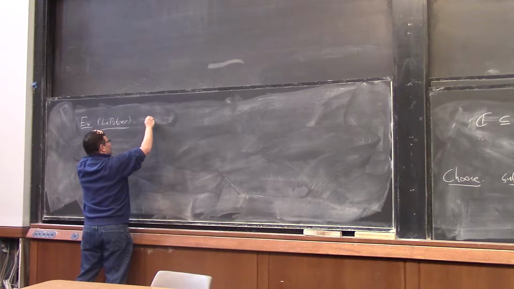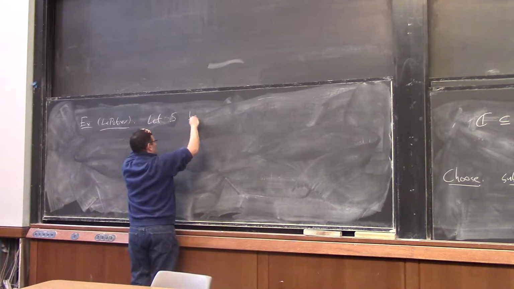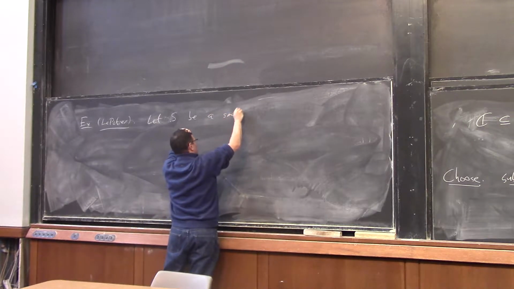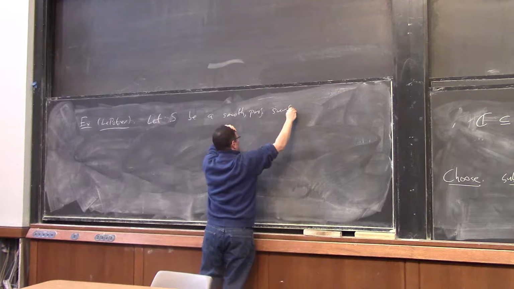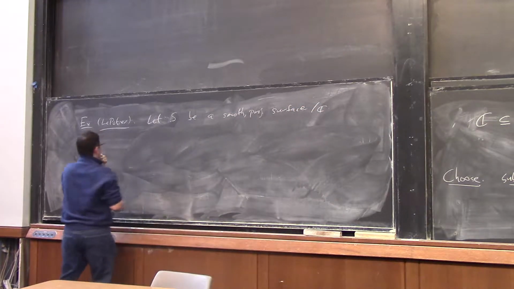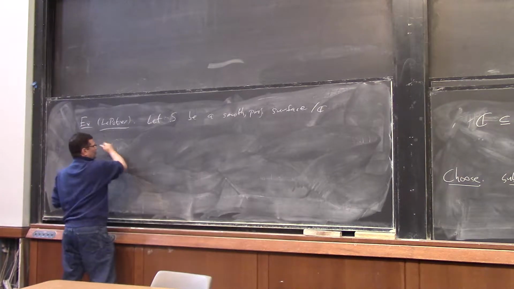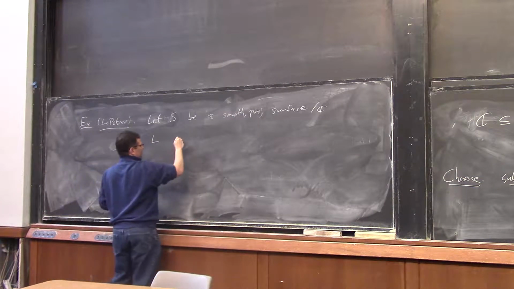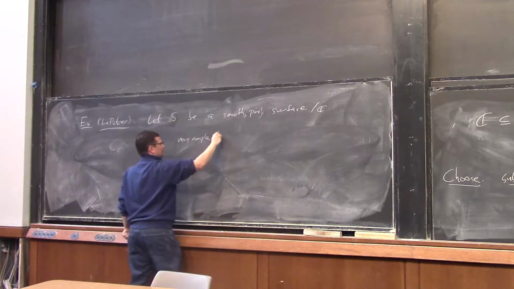So I'm going to let S be a surface, maybe over the complex numbers. Okay. And I want to consider, I'm going to let L be, let's say, a very ample line bundle on S.